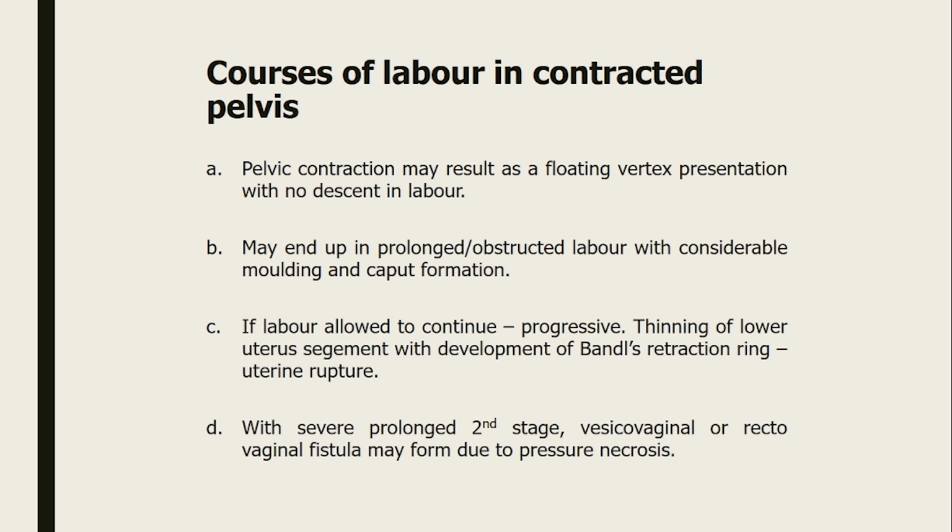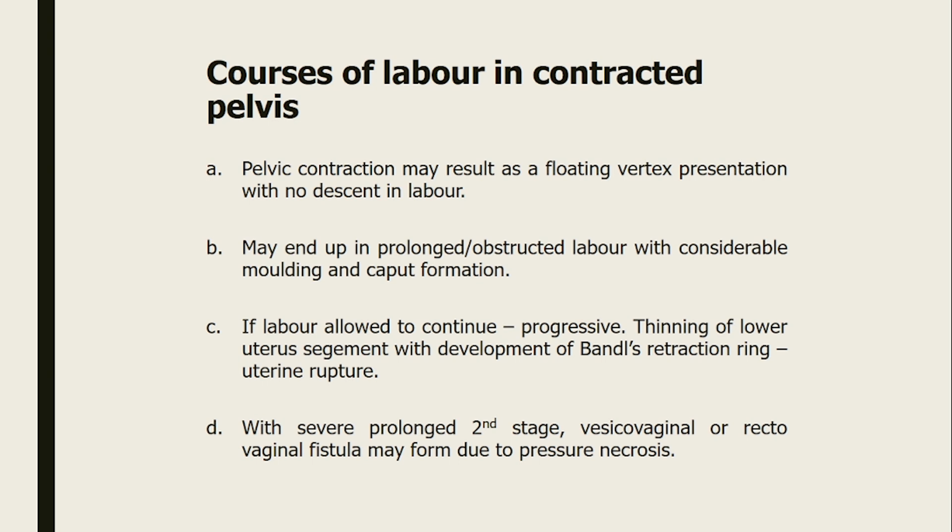There may be thinning of the lower uterine segment with development of Bandl's retraction ring, that can eventually lead to uterine rupture. And lastly, with severe prolonged obstructed labor, because of pressure necrosis, there could be development of vesicovaginal or rectovaginal fistula.